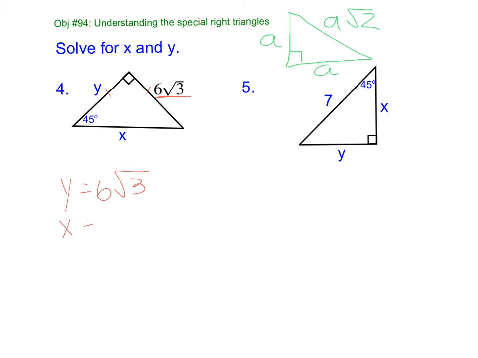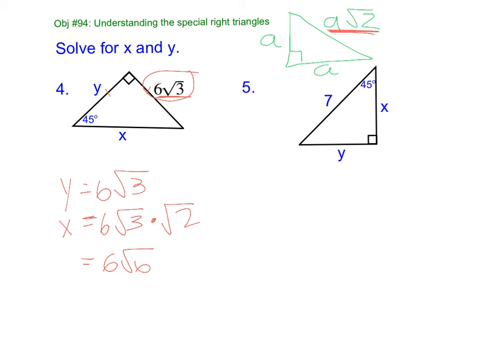My hypotenuse is the side times root 2. So it's 6 root 3 times root 2. Because it's always the side times root 2. So if we simplify that, 6 root 6. That's it.